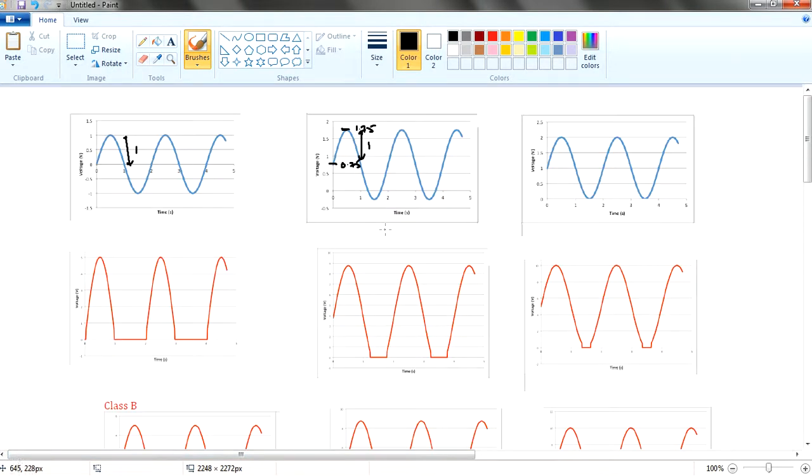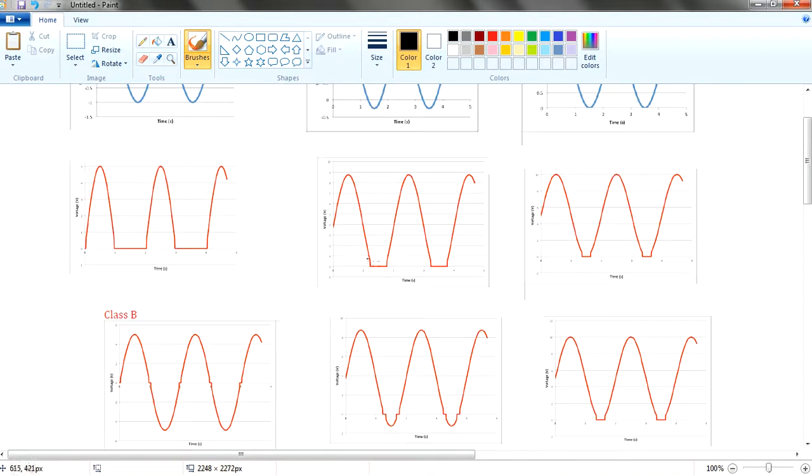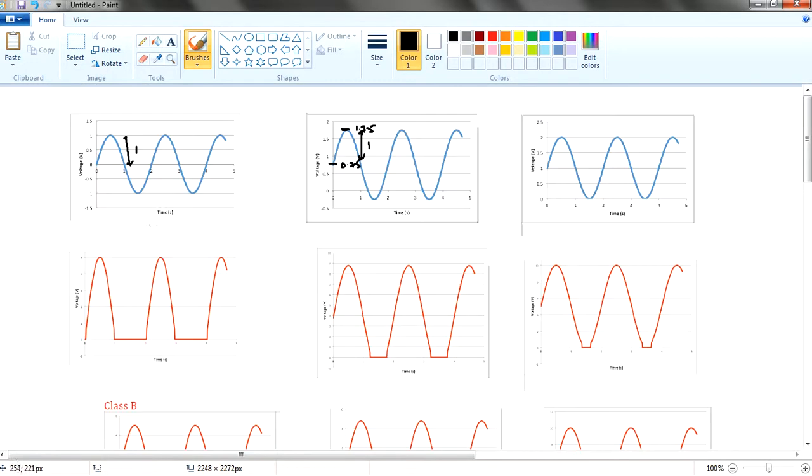This experiment wants to show that the larger the biasing voltage, the less your distortion. In this case there is no biasing voltage, so maybe this is 1 volt. This is actually Class A, and you can see there is so much distortion.